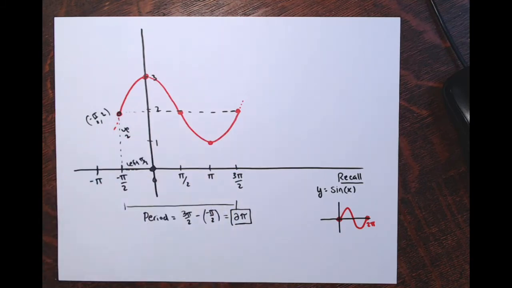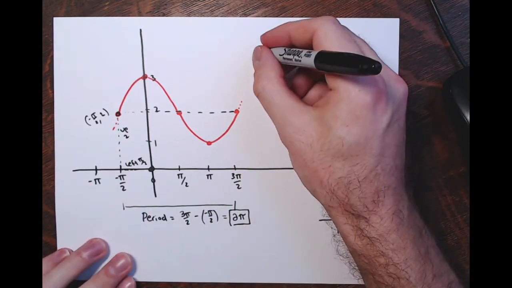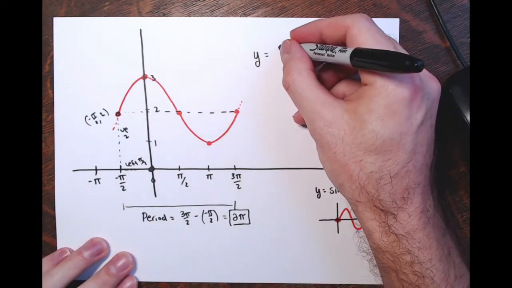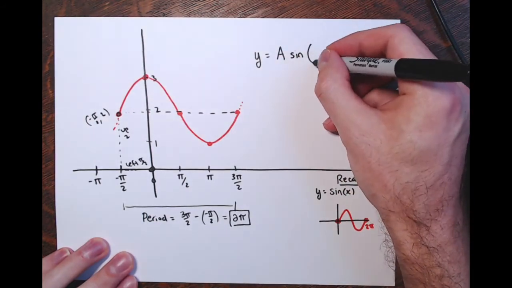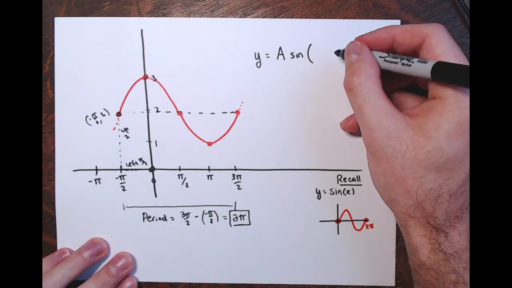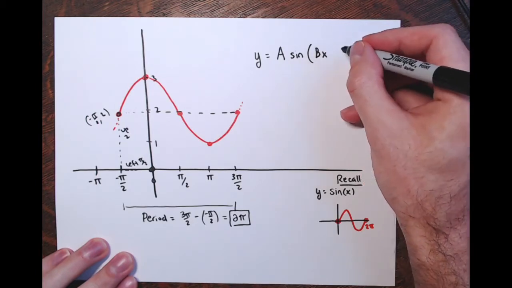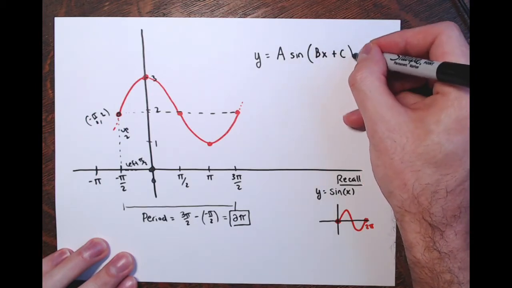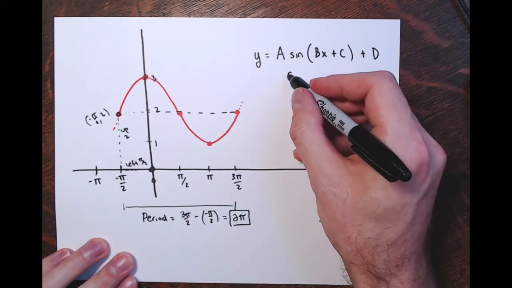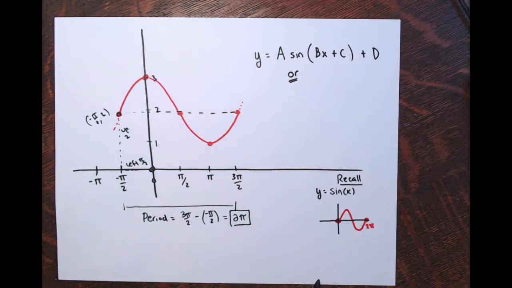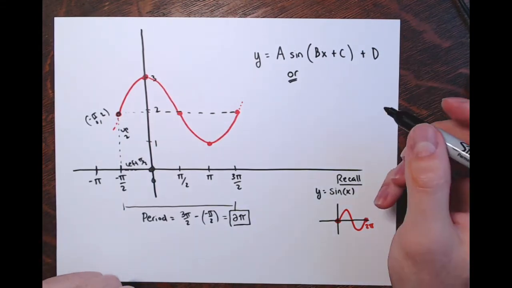So remember what we're trying to draw here. y equals some number times the sine of some expression inside, say bx plus c, and then afterwards plus some d. I would rather think of it this way though, to keep the transformations easy to keep track of.